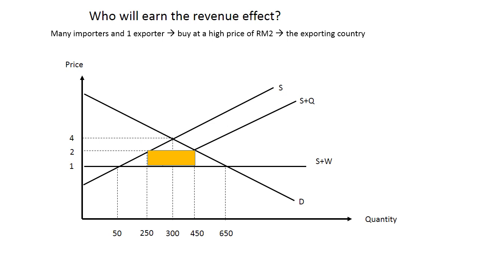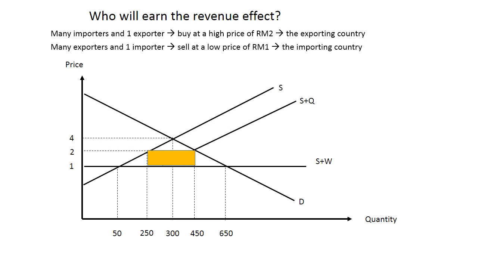And then another situation is where there are many exporters and one importer. So there are many sellers and we have one buyer only. Of course, the exporters will sell at a low price of 1 ringgit, because with one buyer only, they are going to sell at a very competitive price.